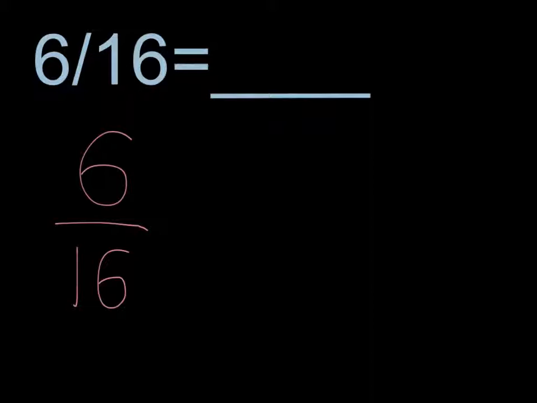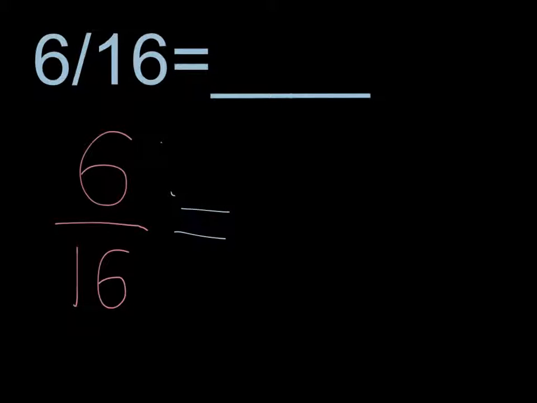Let's do the next equivalent fraction, 6 over 16. So you can get the point of finding equivalent fractions, let's do division this time. Let's divide by 2. Let me erase that.